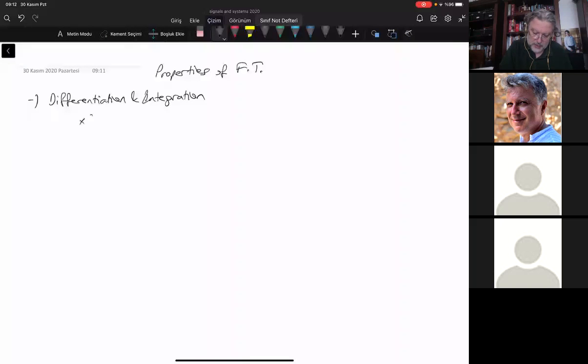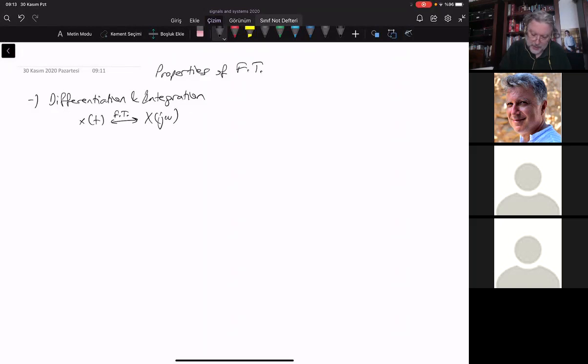So we have an x of t whose Fourier transform is capital X of j omega. The formula is not important here. In fact, the inverse Fourier transform formula is important.